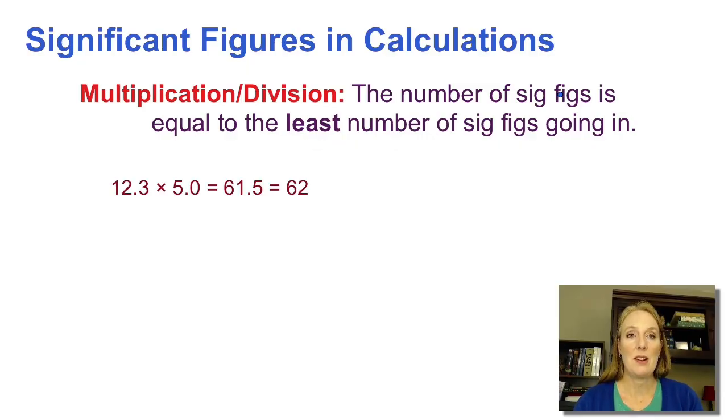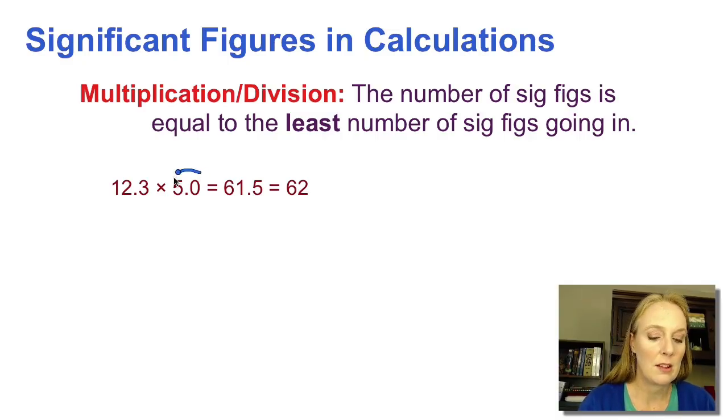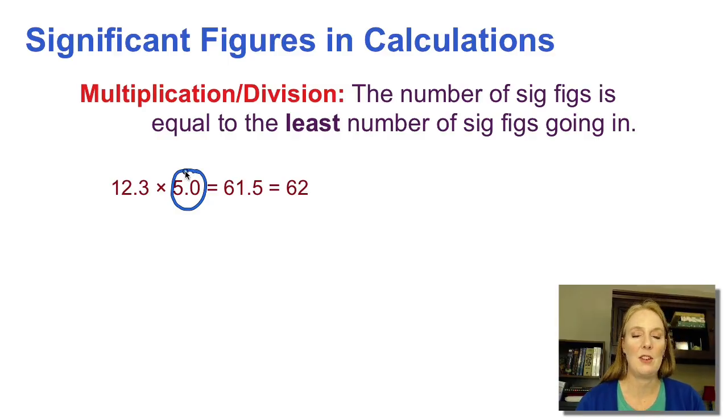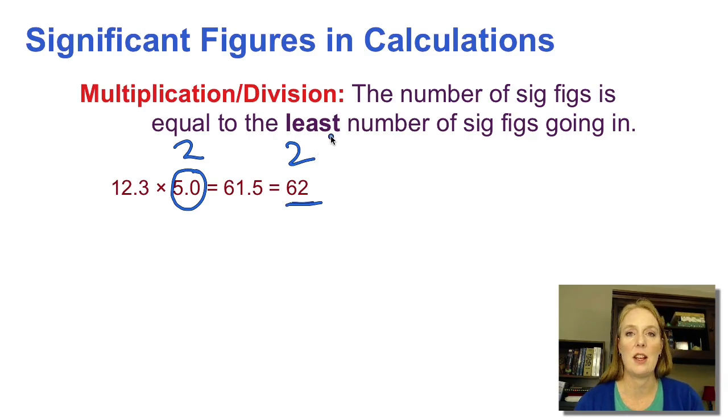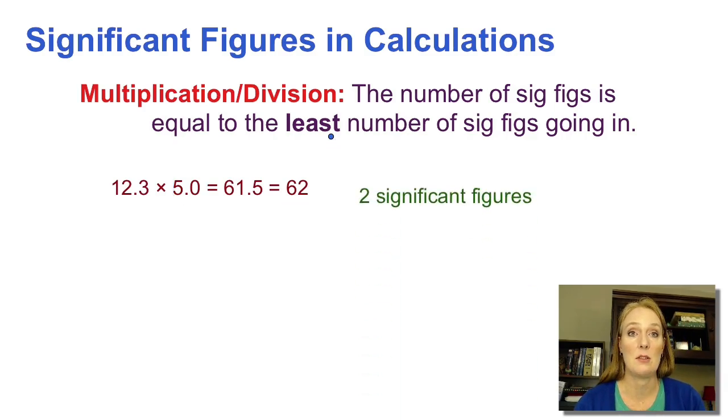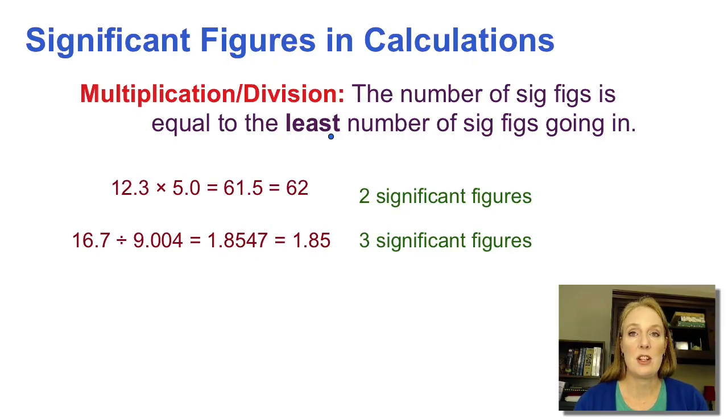12.3 times 5.0. Well, that would equal 61.5 if I plugged it into the calculator, but the number with the least number of significance going in is 5.0, which has 2 significant figures. So my answer also must have 2 significant figures. So I'm going to round my answer to 62. The same is true for division.